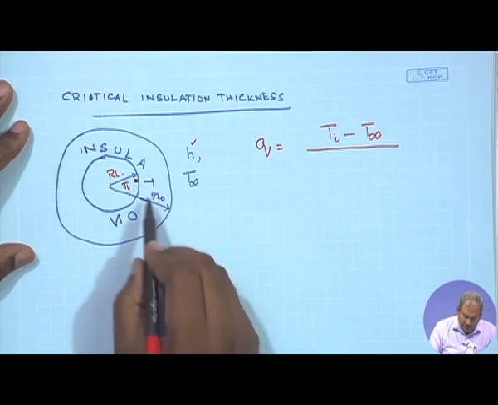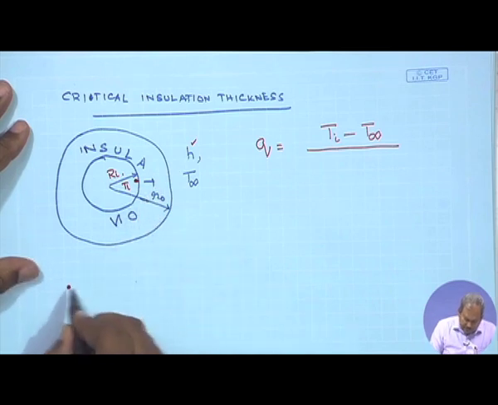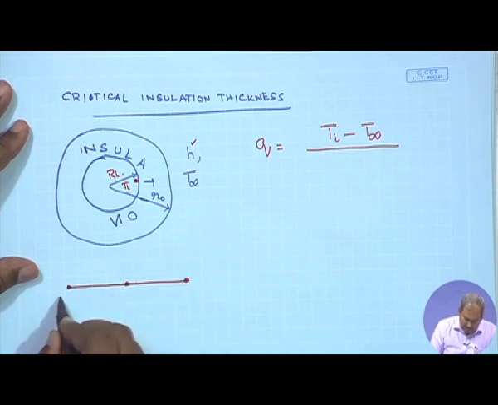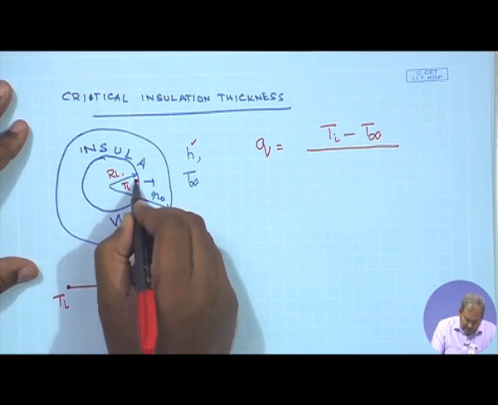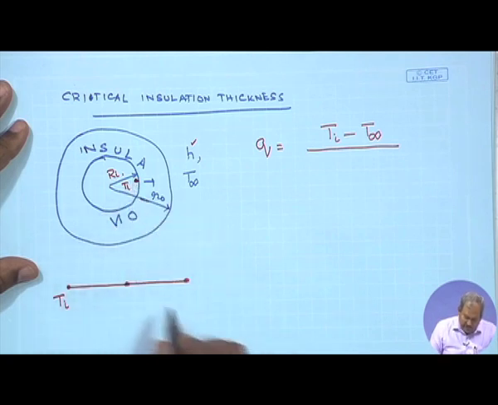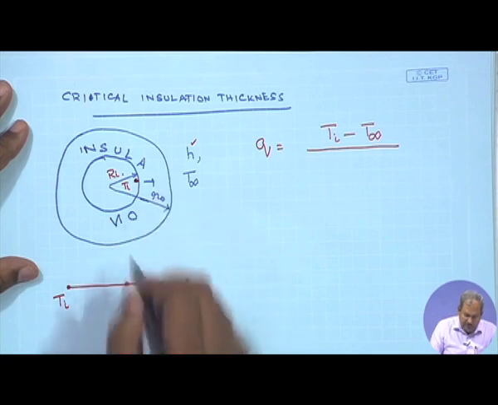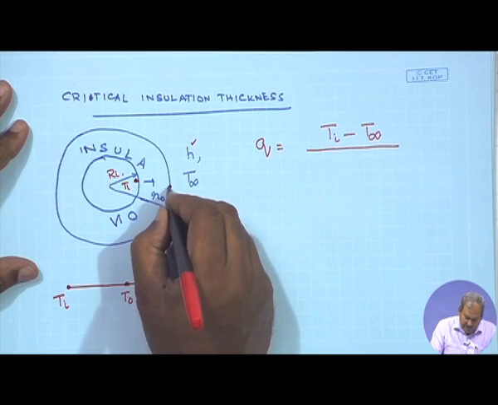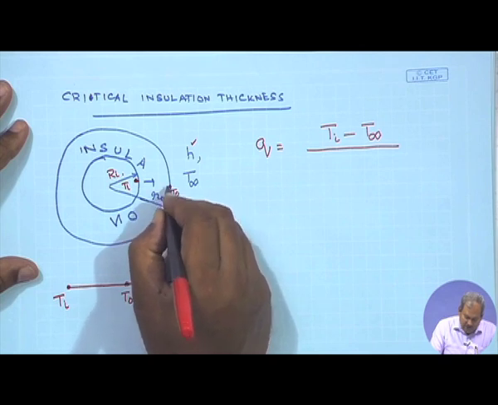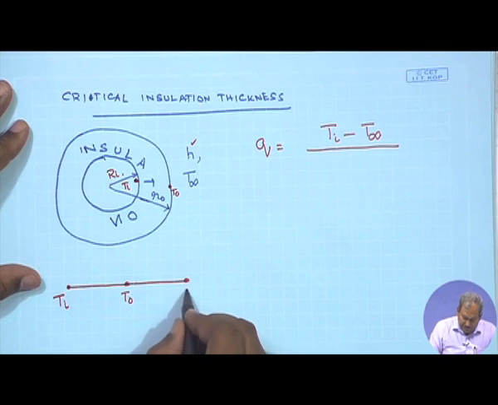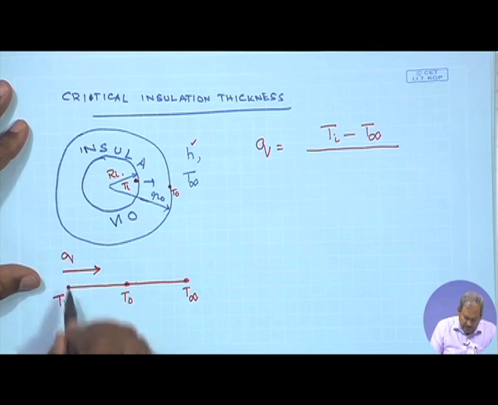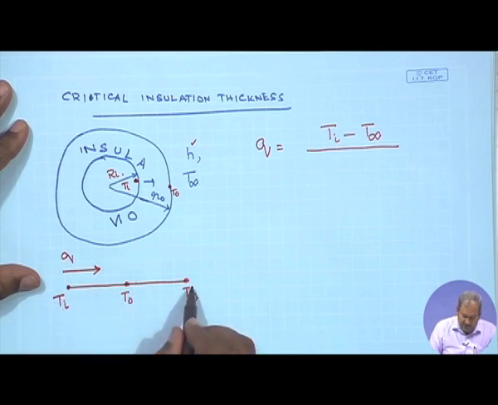So, we are drawing the circuit between T I, the inner temperature of the insulation, and some temperature T O, the outside temperature of the insulation, and this is T infinity. And some heat Q is flowing from the inside to the outside.